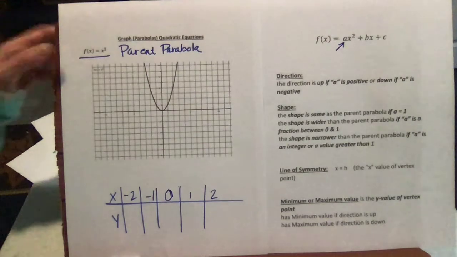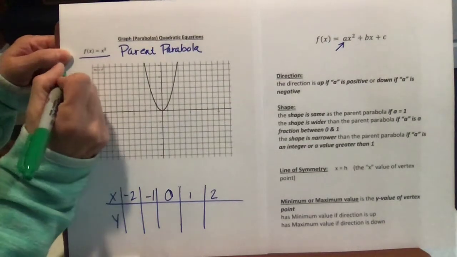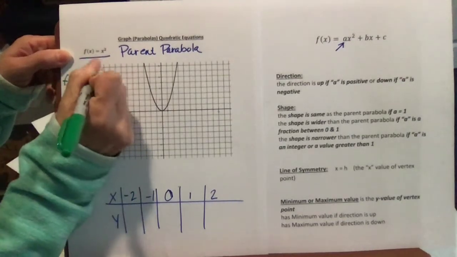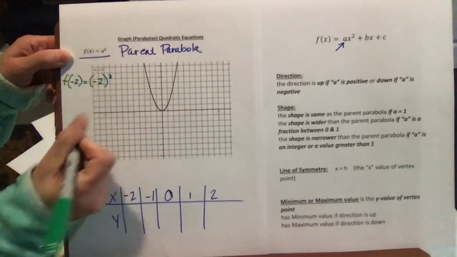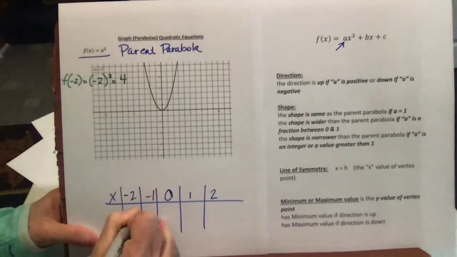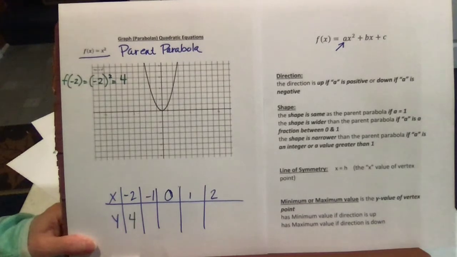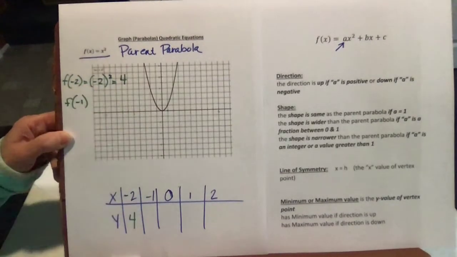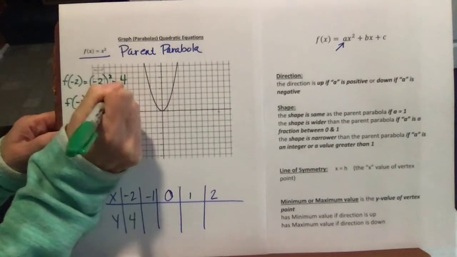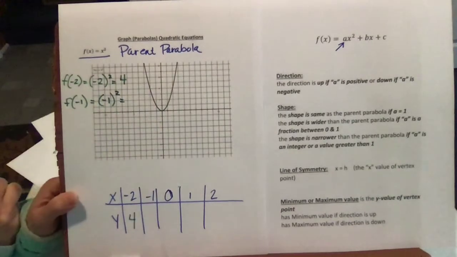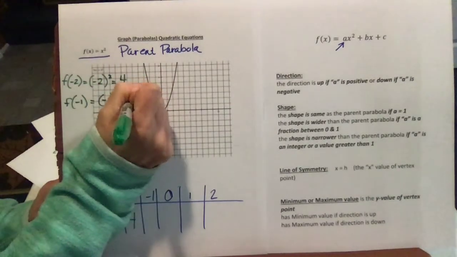And if we plugged in -2 for x in f of x equals x squared, f of -2 is going to equal -2 quantity squared, which means -2 times -2, which is going to give us 4. So that's our first point, -2, 4. Let's plug in f of -1, okay, which means we're plugging in -1 for x and squaring, which means -1 times -1, which is a positive 1.